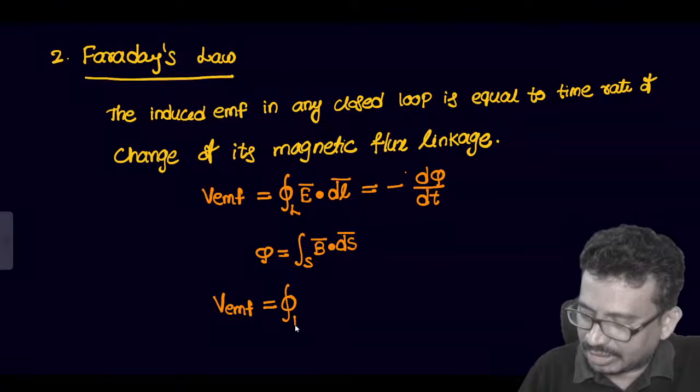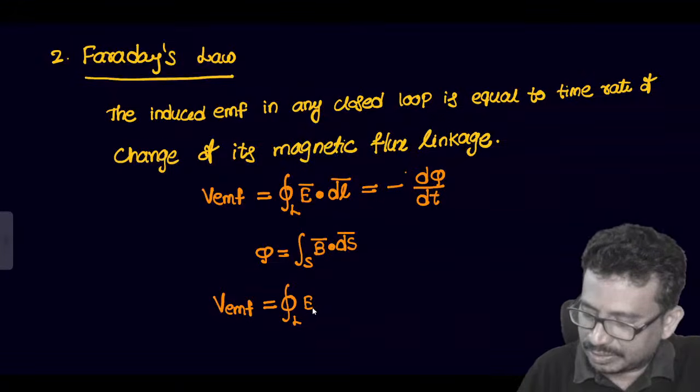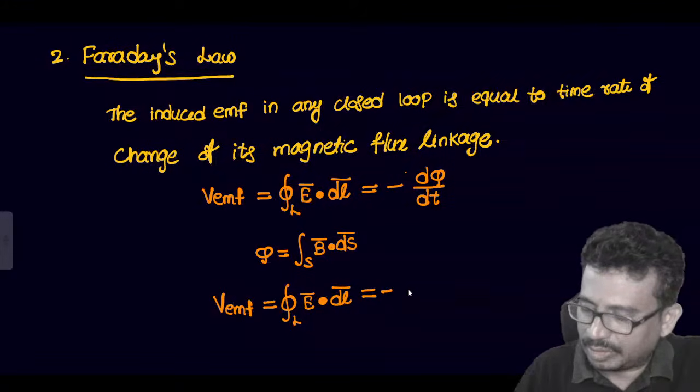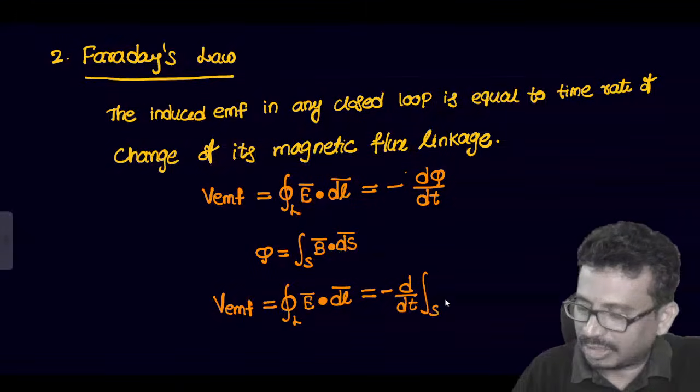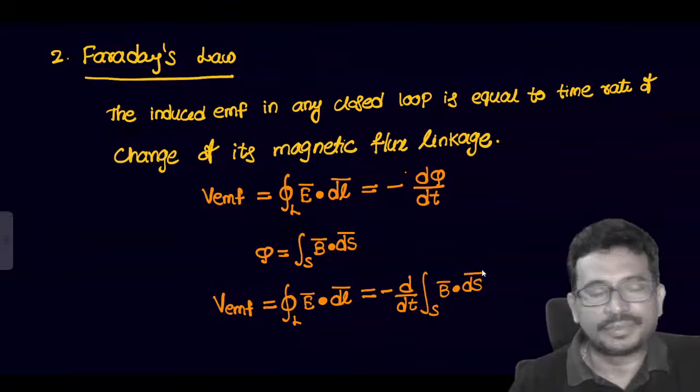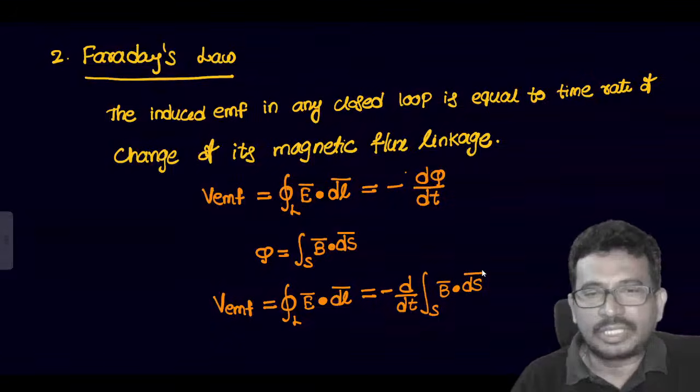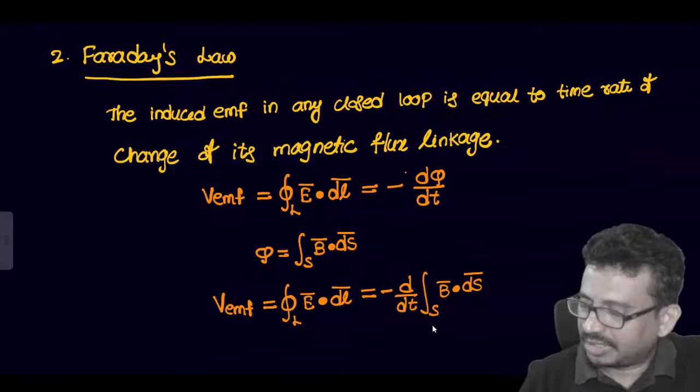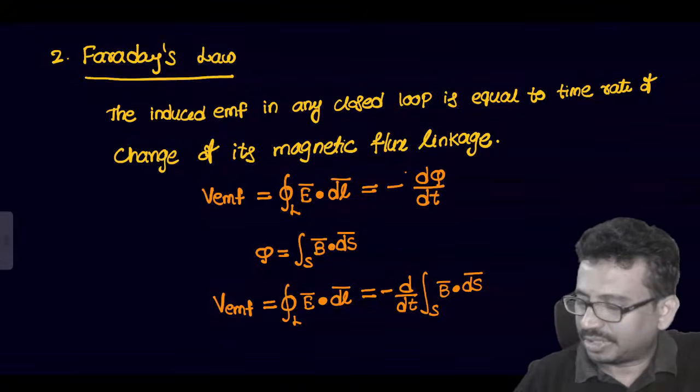Then here the EMF should be equal to what? The closed line integral of E bar dot dl, which is equal to minus d by dt of the flux, which is the surface integral of B bar dot ds. Now we are interchanging the integral and derivative here.